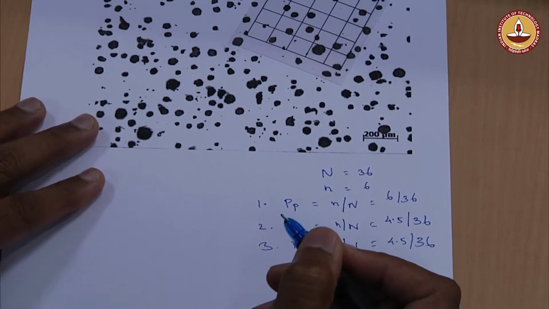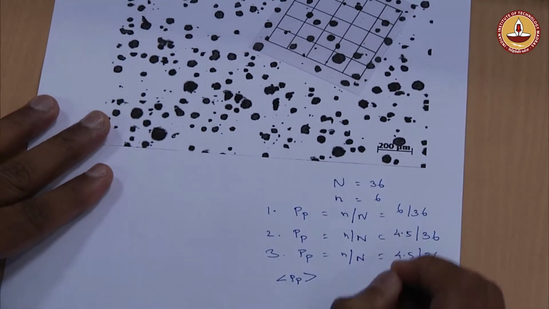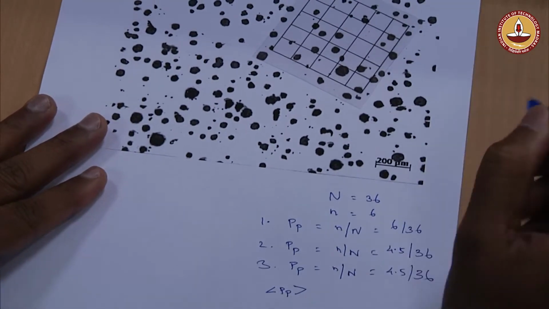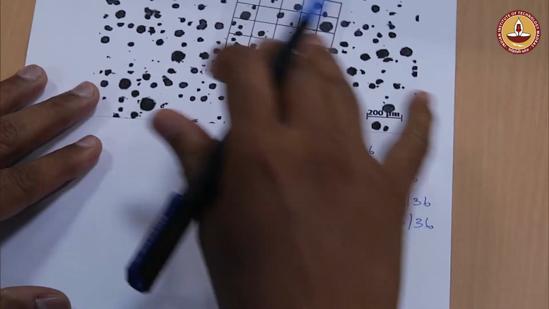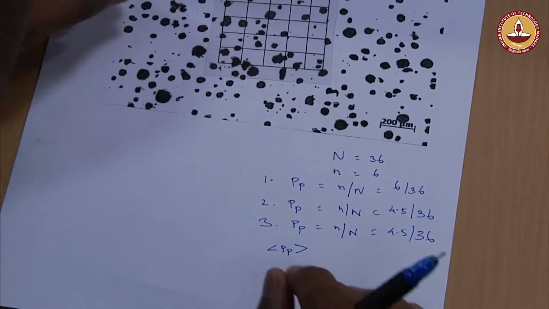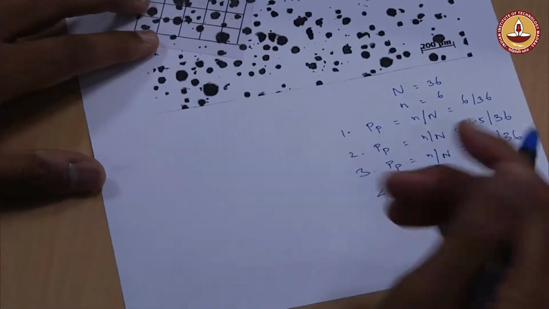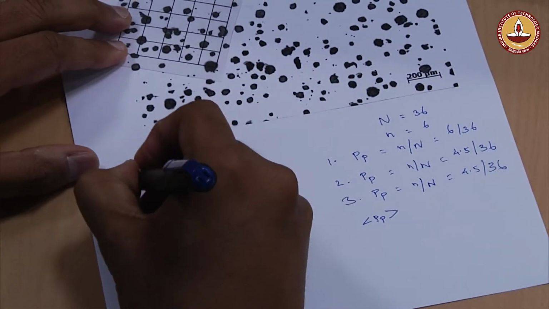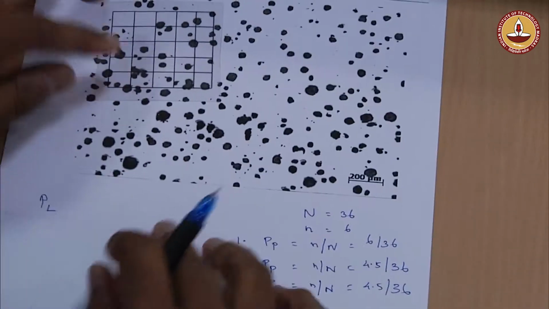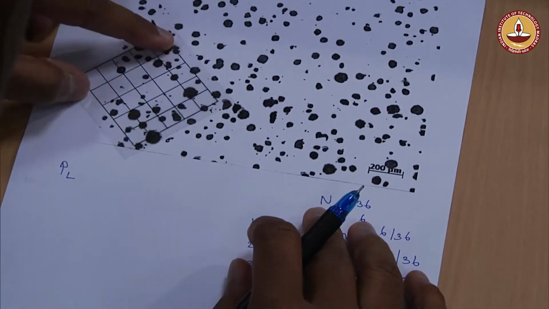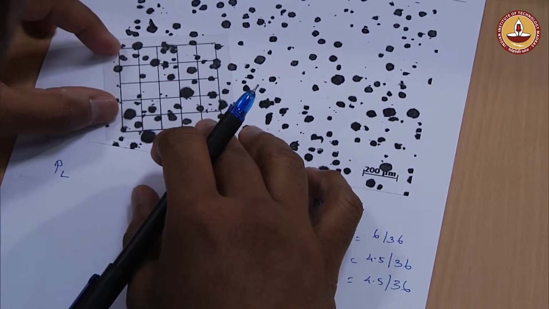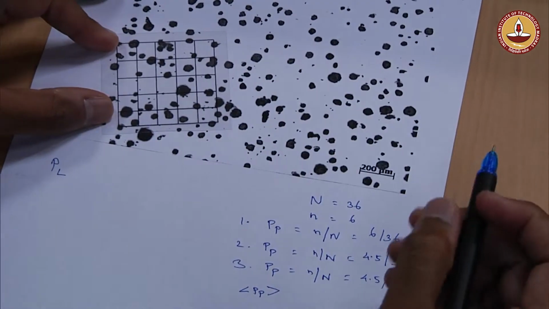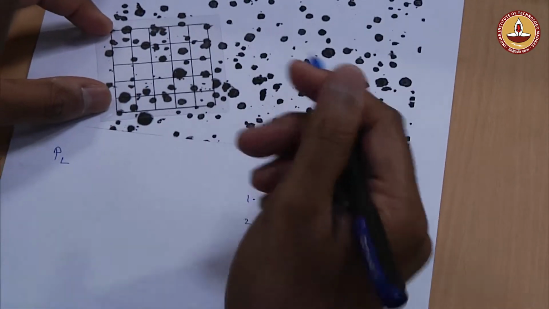I will collect this data from the entire class and put it in the Excel sheet. Before I go to that, let me also demonstrate how to measure the PL. Again I will put this grid into a random position, and then start counting the intersections of the boundary of the particle.